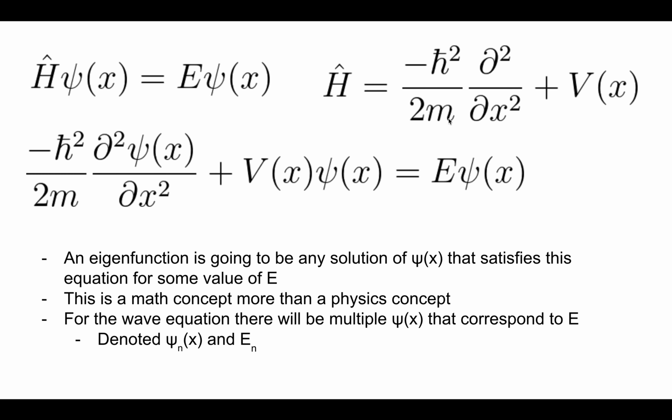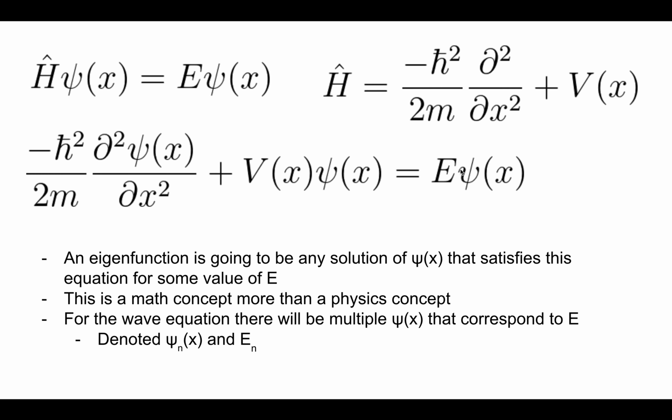So when you apply the Hamiltonian to this function, all you do is plug in the function here, or multiply it through almost, and then apply the derivative. So plug the psi function into the Hamiltonian, and this is what you get, equal to E of psi of x.